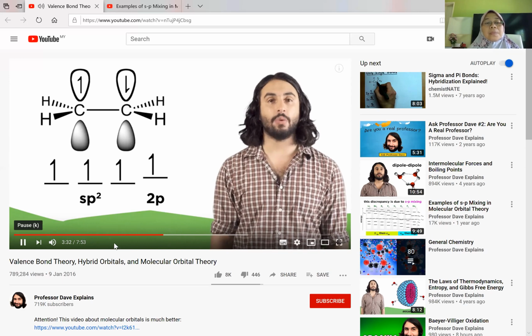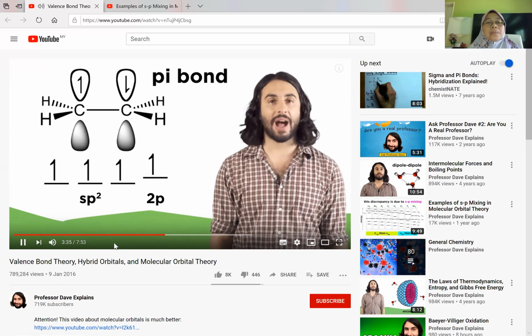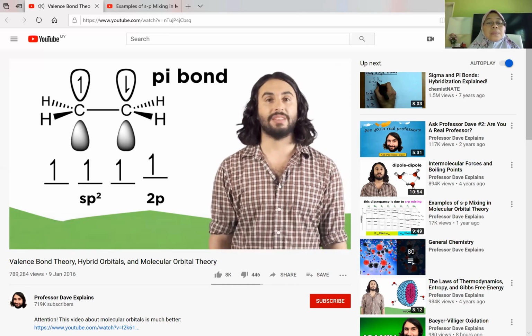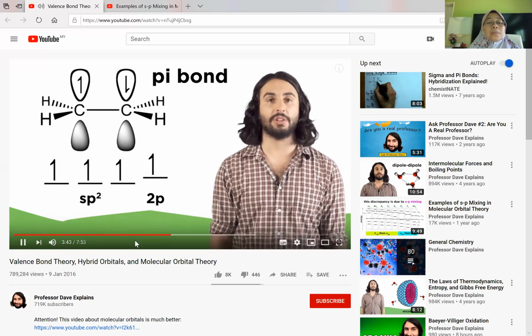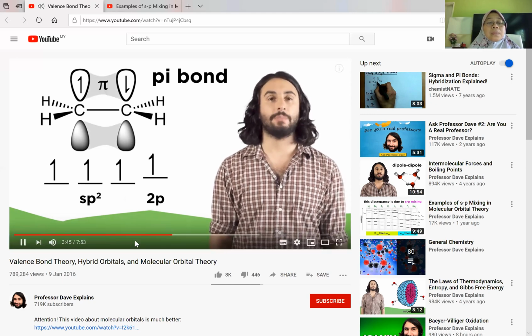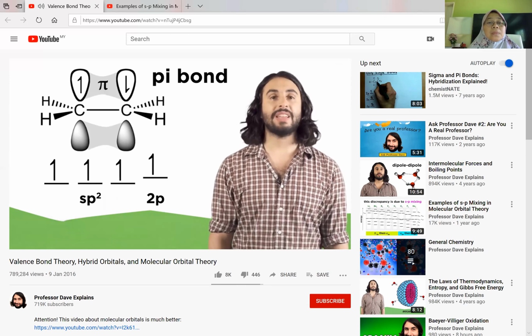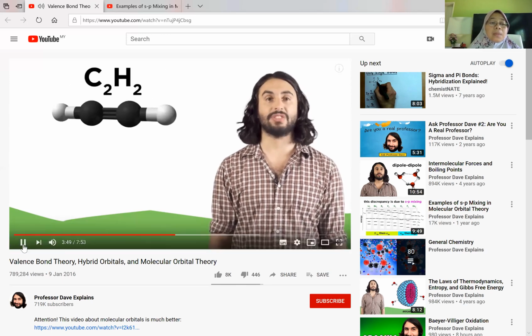Each containing 1 electron, that generates a pi bond, which is what the second bond in this double bond is. The p orbitals extend in perpendicular fashion from the plane of the molecule, and they overlap to make the pi bond. The same goes for C2H2, which has a triple bond between them.